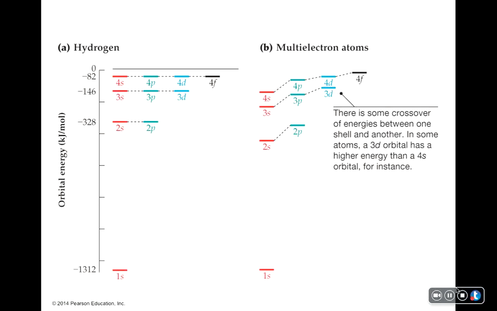I'm looking at where it says multi-electron atoms. The next up from that is 3s, etc. We'll look more about this in a little bit. For hydrogen, you'll see they're all on the same level. That's just because hydrogen only has one electron, so it's only going to be found in that 1s. So focus on the multi-electron atoms. That's what we're going to be concerning ourselves with for the remainder.